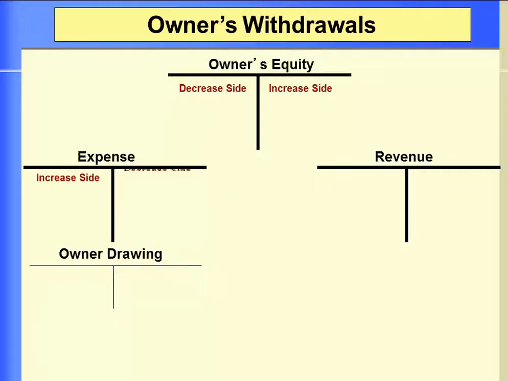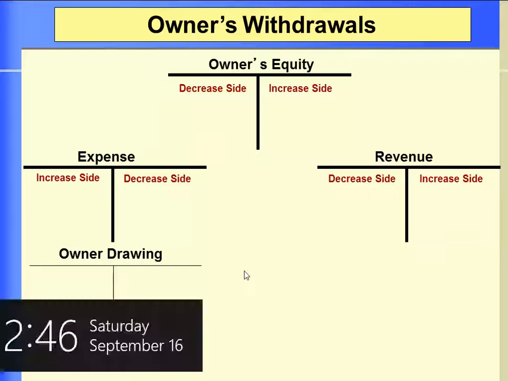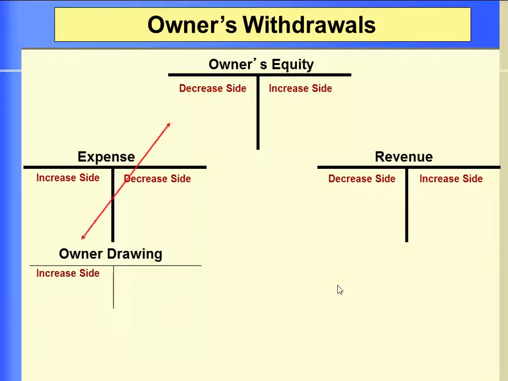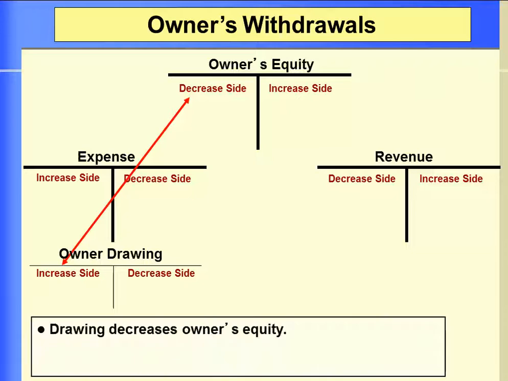So some more review. Now next, owner's drawing is not an expense, but it basically behaves as an expense. It's basically money coming out of the business. So you increase it just like the expense, which decreases owner's equity.